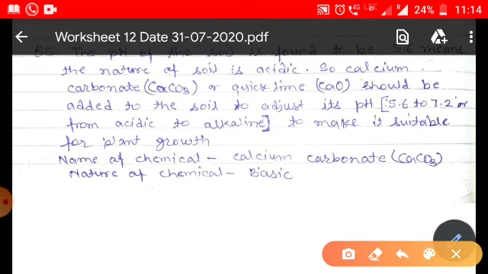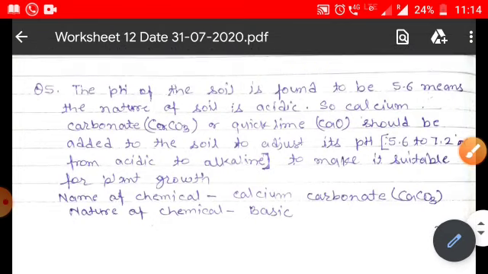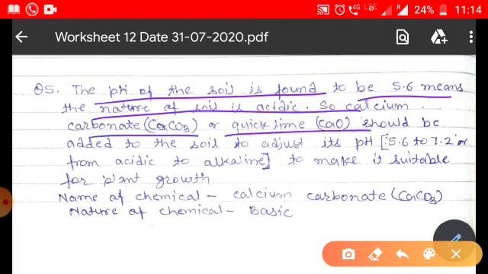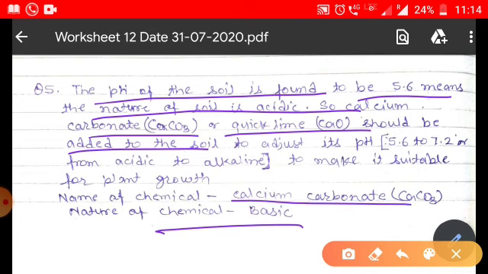We note that the pH of the soil is 5.6, which means the nature of the soil is acidic. Calcium carbonate or quicklime should be added. Both of them are basic, so that the pH is adjusted from acidic to alkaline, and so that the plant will grow suitably.